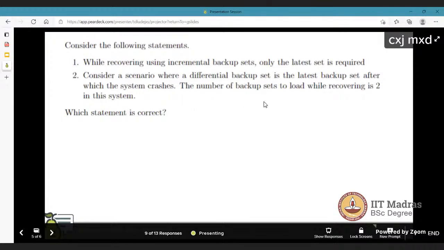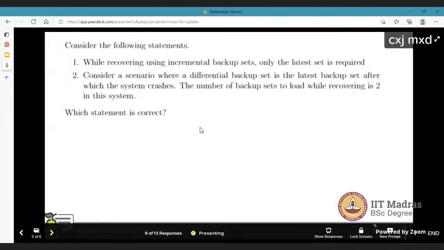So the number of backup sets will basically be 2, because there will be one full backup and one differential backup. If there is no full backup, a differential backup cannot be performed, because it ultimately depends on the full backup. Are you getting my point? Yes, it's clear. Anybody have any doubt?